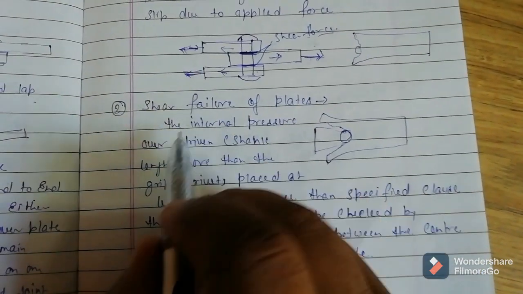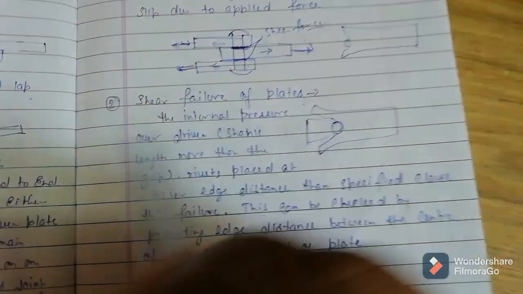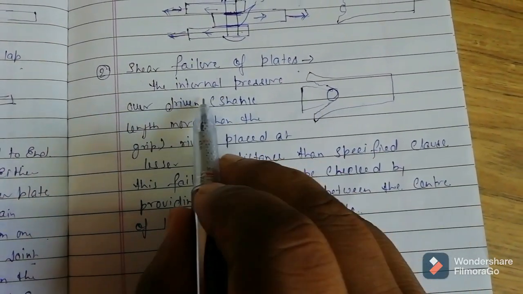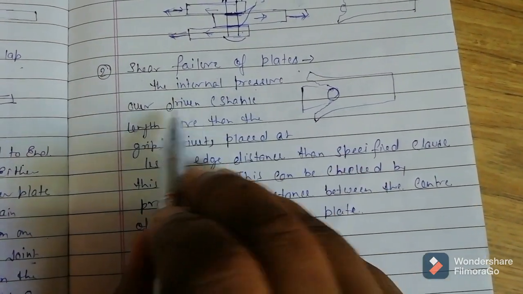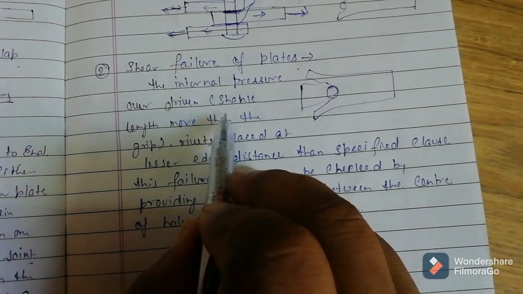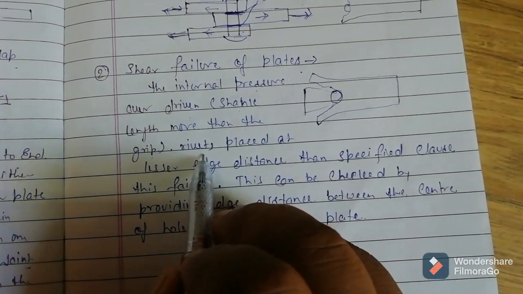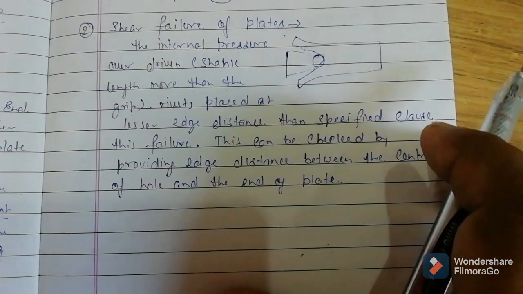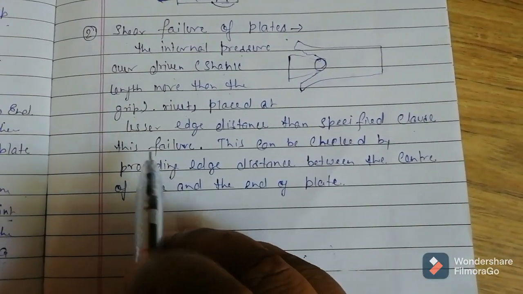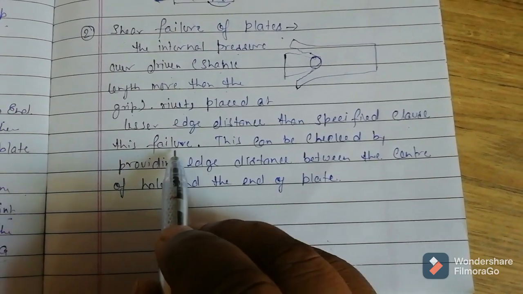Now next one is the shear failure of plates. Here the internal pressure, an overdriven shank length more than the grip, and rivets placed at a lesser edge distance than specified cause this failure.